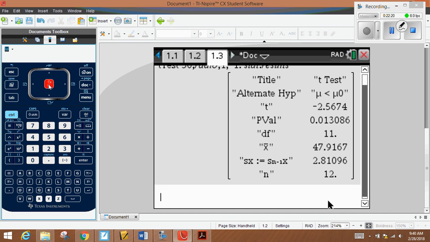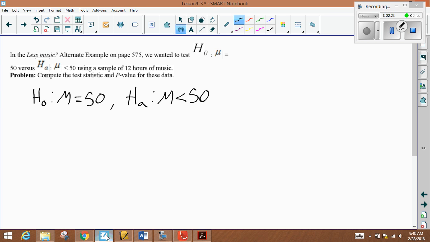I'm going to have you guys actually shout these out because I have to go to a different screen. So, t is equal to, what is x bar? 9167 minus 50 divided by, what is the standard deviation?